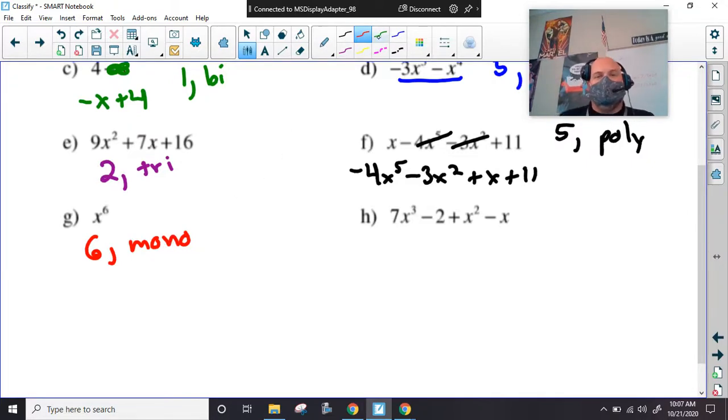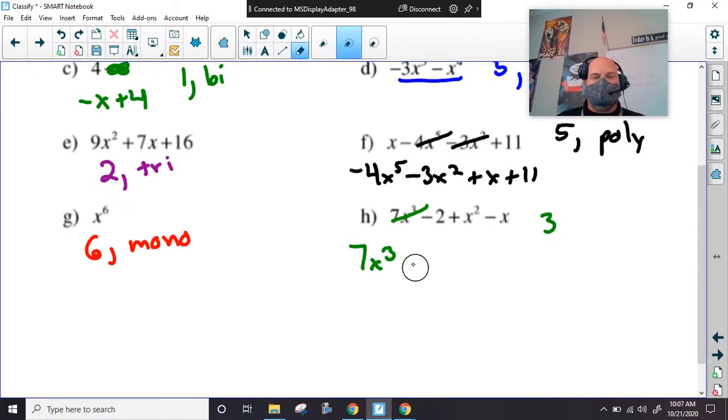And lastly, number H. It's not in standard form, so we have to rewrite it. What's our highest one? Yeah, to the 3rd. Very good. So we know it's to the 3rd degree. What's our next highest power?